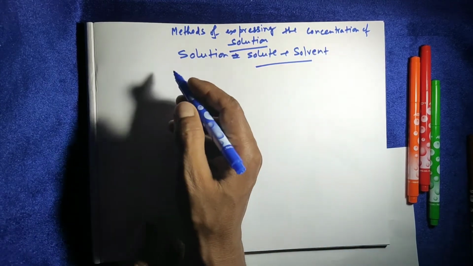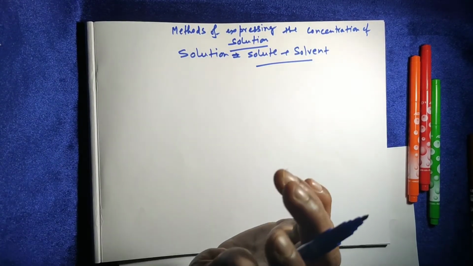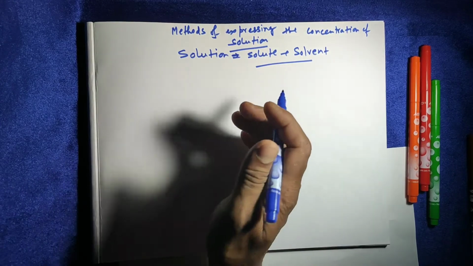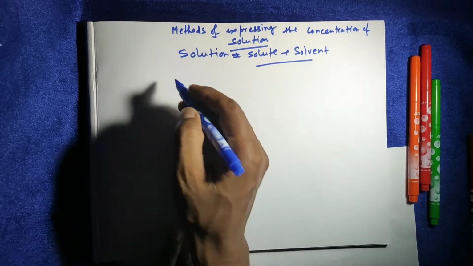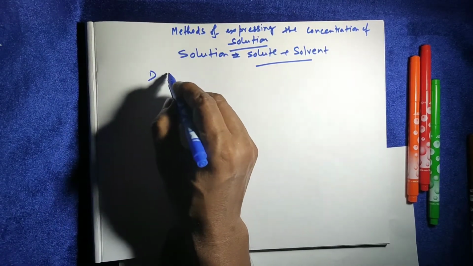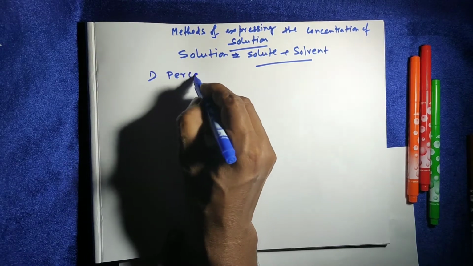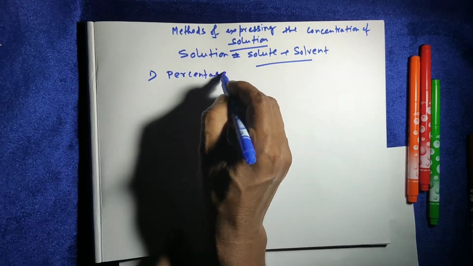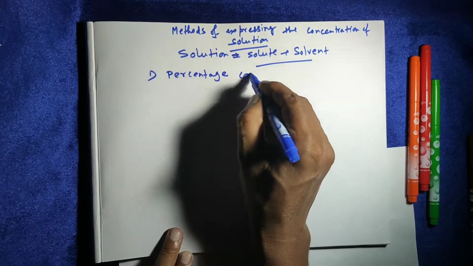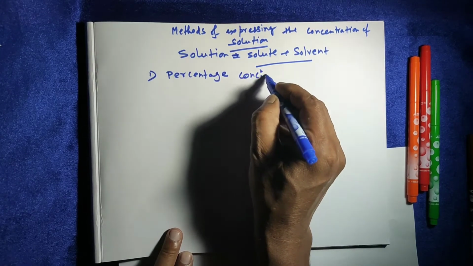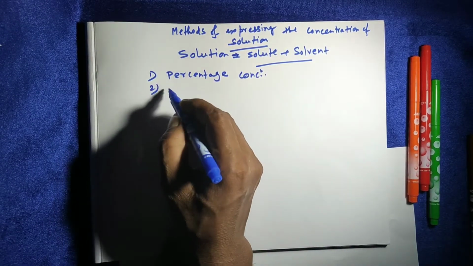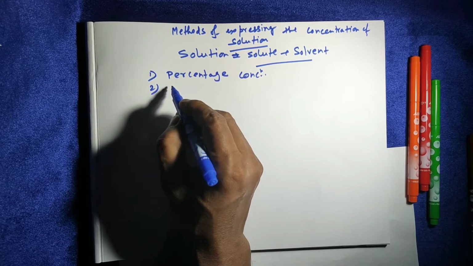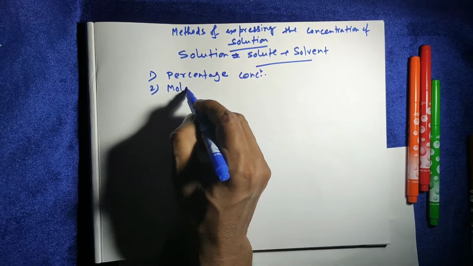So now we can express the concentration of solution in different ways. Number one, percentage concentration method. Number two, molarity.